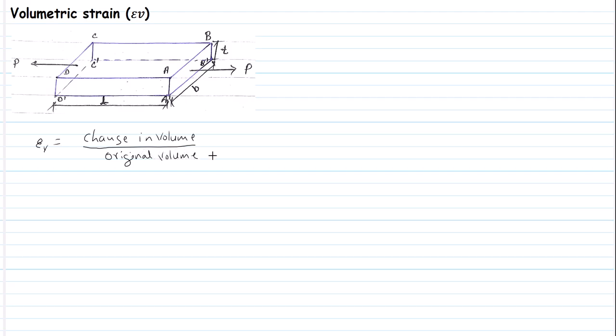So now, what is original volume? Our aim is to calculate this volumetric strain. So we need to know what is change in volume and what is original volume. So original volume is nothing but length into breadth into thickness, right?